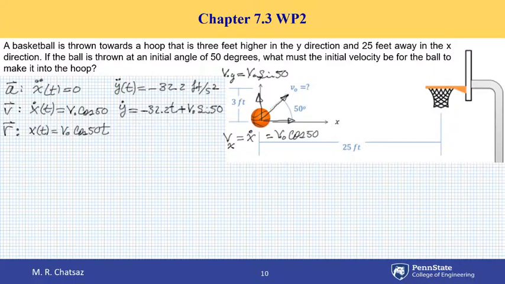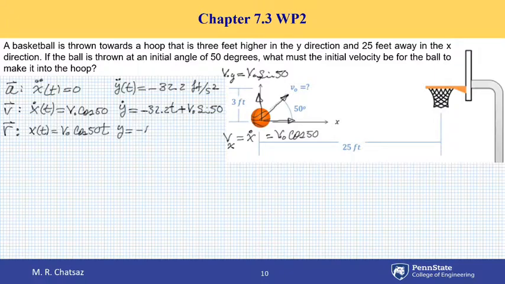Similarly, if I integrate y dot with respect to time, I get y as a function of time. Because I don't have any room, I just write y equal to the integral of the right side. The integral of minus 32.2 t is minus 32.2 over 2 t squared.